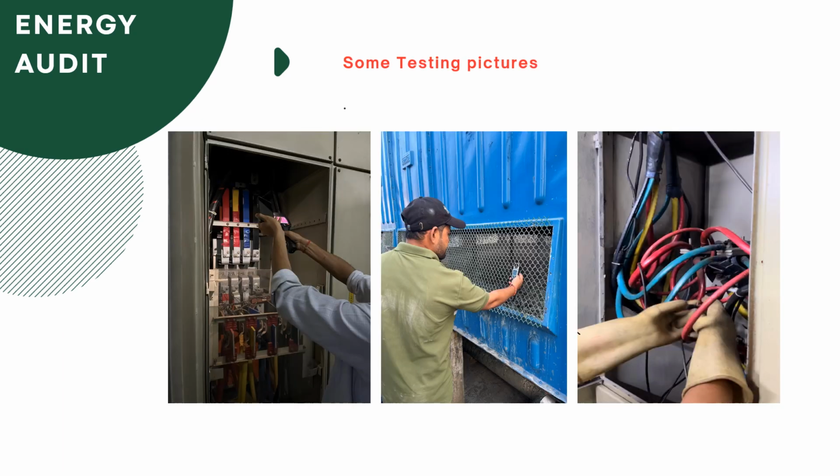Now friends, here you can see some pictures which were taken at site. The first picture is of a thermal imager by which the bus bar temperature is being checked here in an LT panel. The next one is checking wind speed at a cooling tower. The third picture is of installing a power analyzer in a panel.